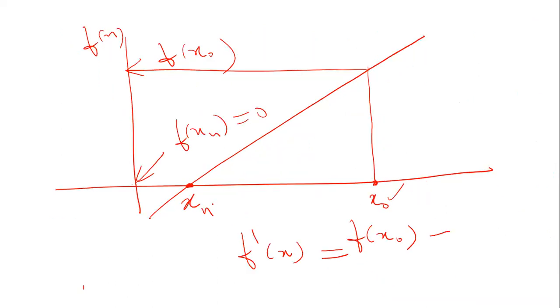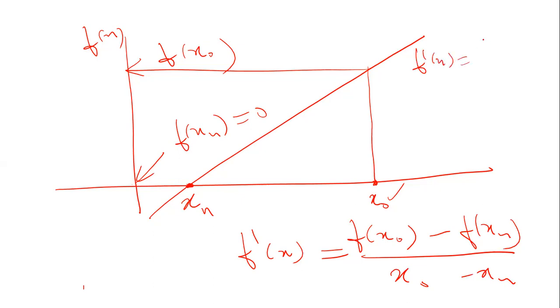So instead of x1 we are now using xn, so f of xn, divided by x0 minus xn. Now f prime x will be f of x0 divided by x0 minus xn, because f of xn is 0 here, because we are taking the point where the functional value is 0.